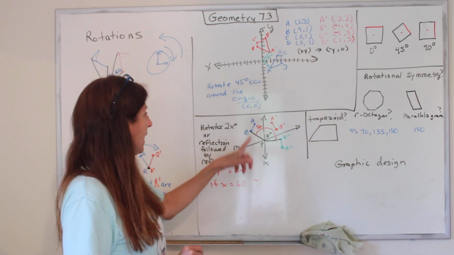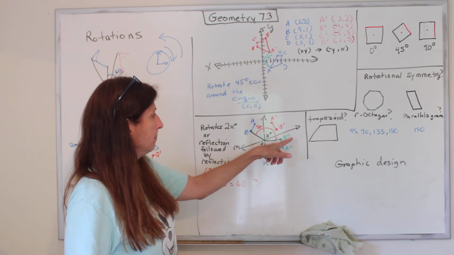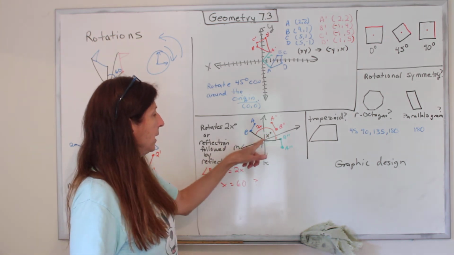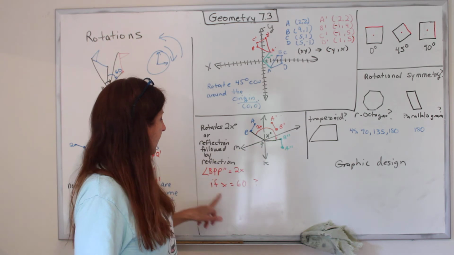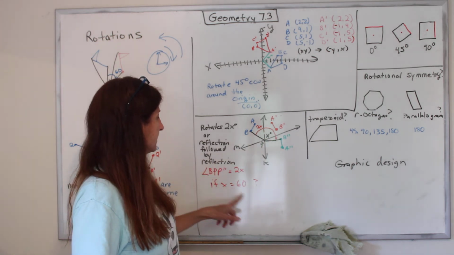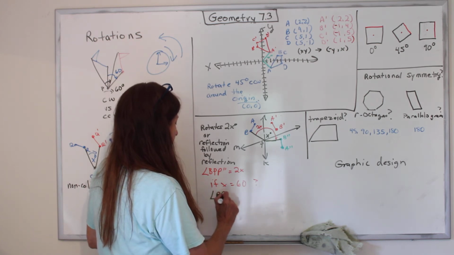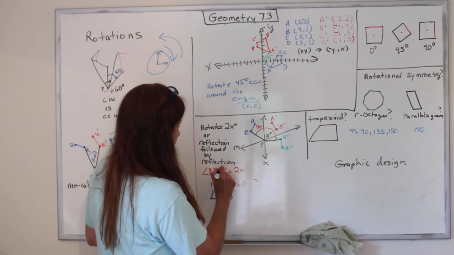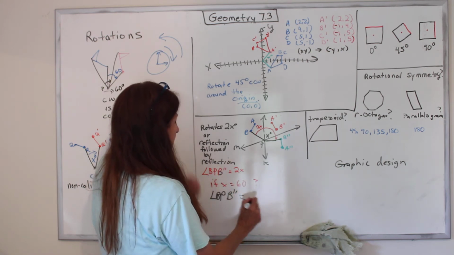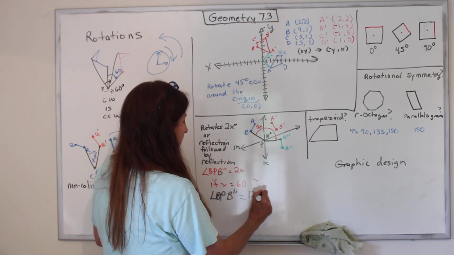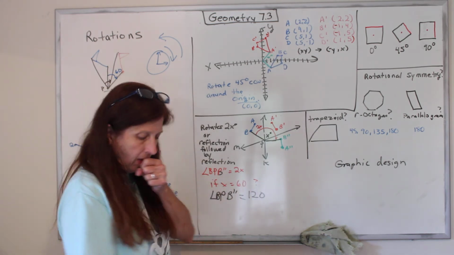All right, so my angle BPB prime is 2x. It's double that x. If x equaled 60, what would angle BPB double prime equal? It would be 120, because 2 times 60 is 120.